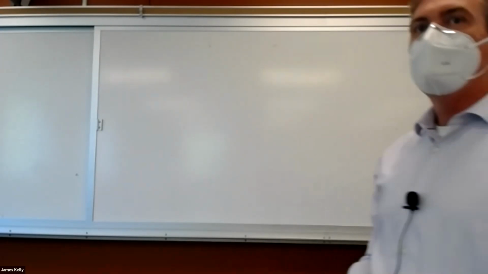Which block has the larger acceleration? There was a discussion of this in the video, but what do you think? Why block A? Okay, so if it's got a smaller mass, it's going to accelerate faster, right?